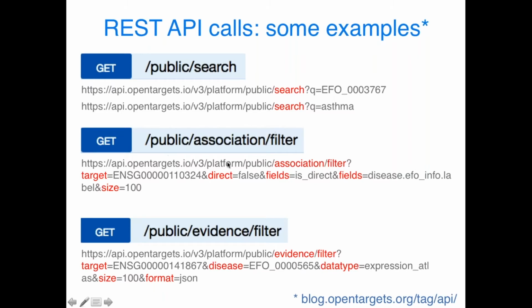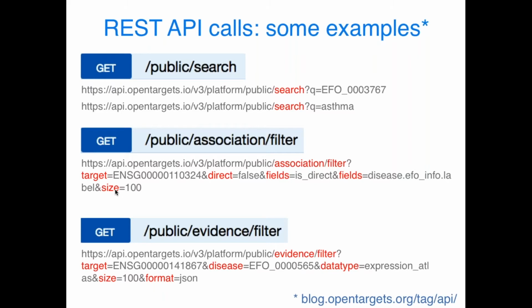Another example is the association filter. Let's suppose I'm interested in this gene and I want to get all the associations which are based on indirect evidence. There are parameters here that I can adjust to my needs. I can also choose which fields I would like to display in my results, such as the EFO label, the EFO ID for my diseases, and I want to restrict this query to up to 100 results.